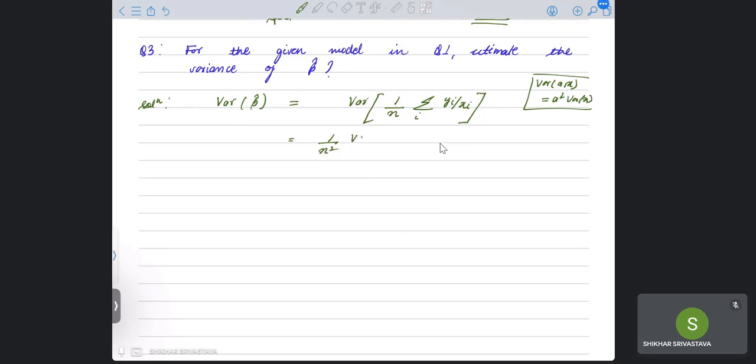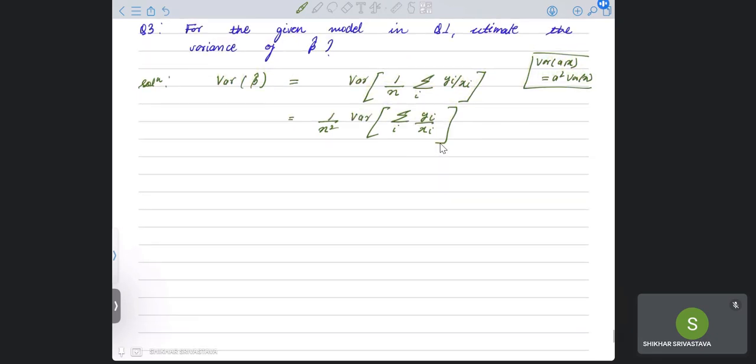And the variance of summation of yi upon xi. As we did in the second question, we make a substitution and write this as ci times yi, where ci is already defined in the last question as 1 upon xi.